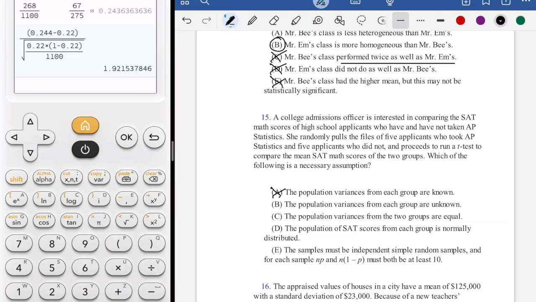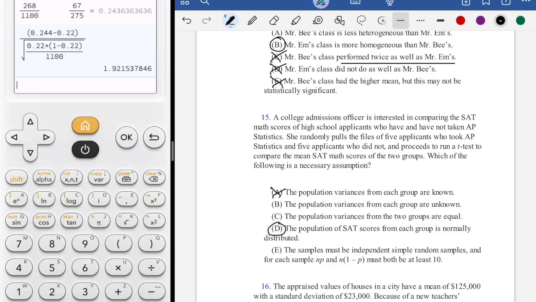That's actually one of the conditions of using a t-test, if you have a small sample, that you know it comes from a population that is normally distributed. So out of all the ones that could make sense, this is the one that would actually have to be true in order for you to use a t-test, right? If the sample size was large enough, then it might not even be using a t-test.